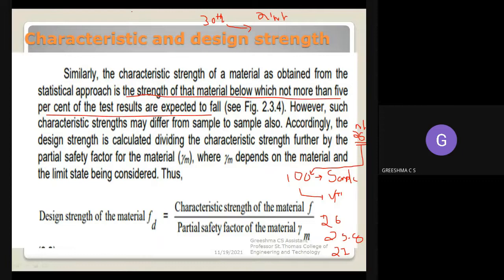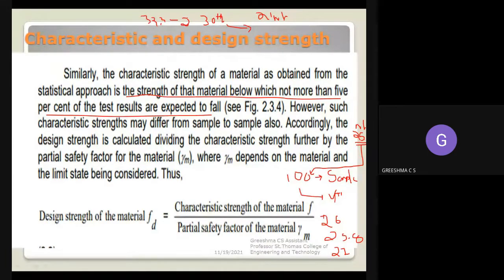My 30th sample is having a strength of... My target strength is 25.